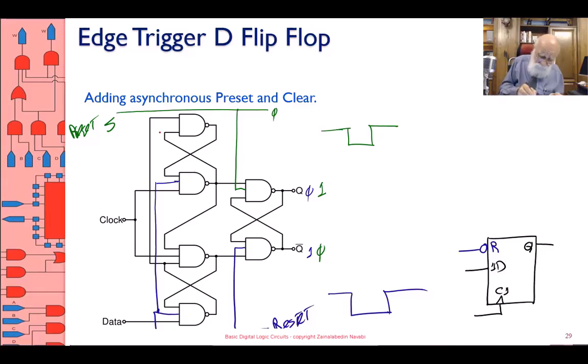Okay, and then I also bring this to the gate behind it, so that when it goes back to 1, the effect of it remains. This becomes an active low.